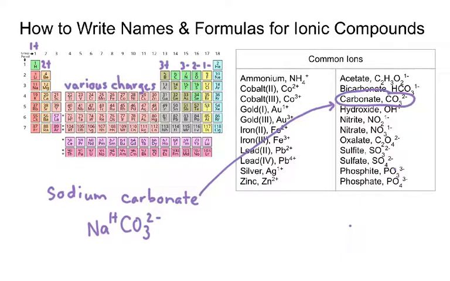We'll need 2 of the positive sodium ions to balance out with the 2- charge of the carbonate. So, the formula for sodium carbonate is Na2CO3. While we use the charges to figure out the formulas of the compounds, we usually delete the charges when we're finished and only show the subscripts to indicate the number of each atom.